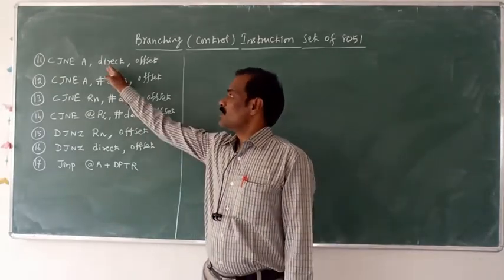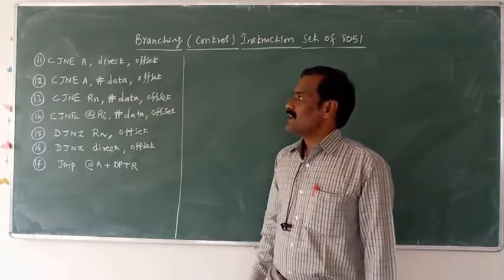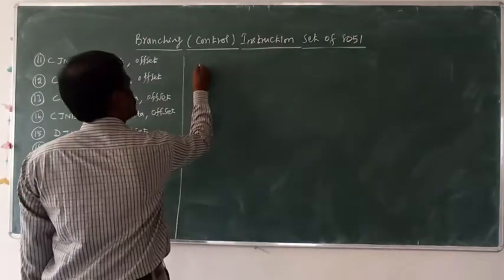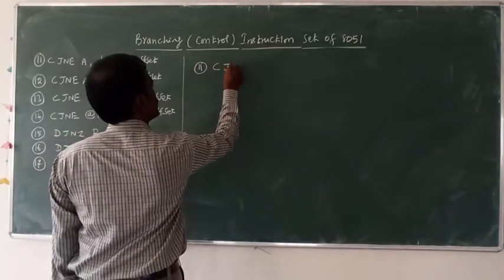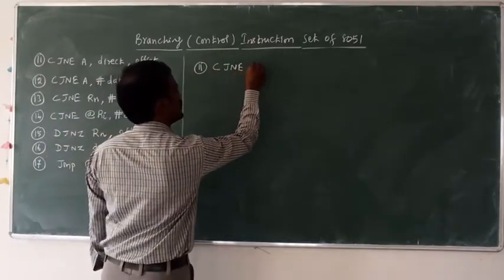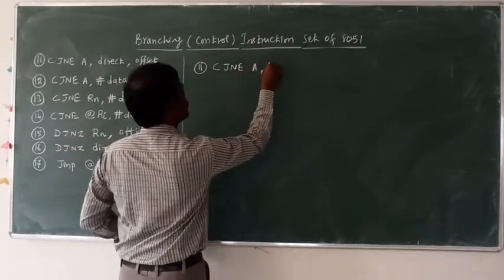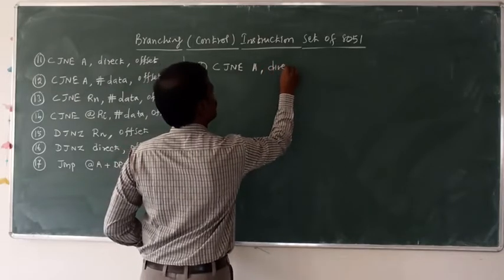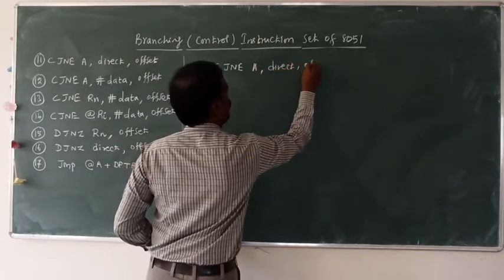First we will discuss the 11th instruction, CJNE A comma direct, offset.